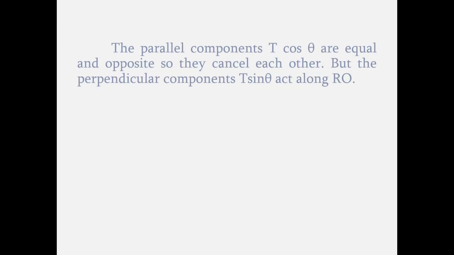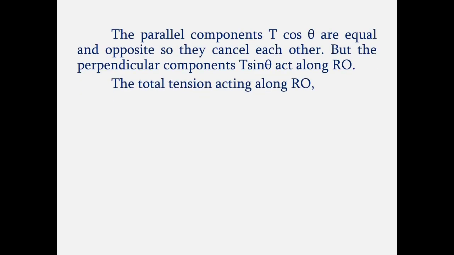Hence, the parallel components T cos theta are equal and opposite. It is evident from the diagram itself, so they will cancel each other. But the perpendicular component T sin theta is acting along the direction RO. So, the total tension acting along RO, which is given by F, is equal to 2T sin theta.